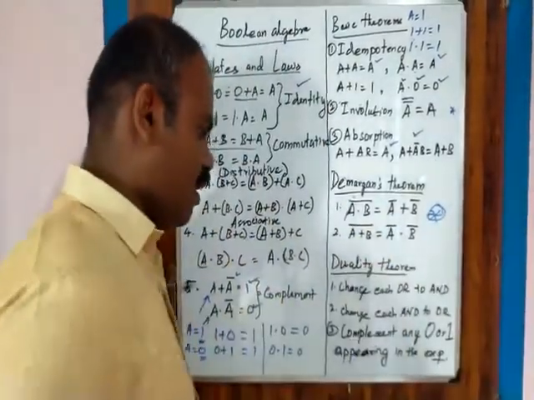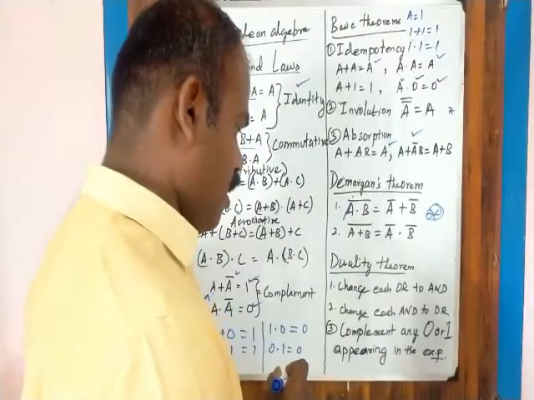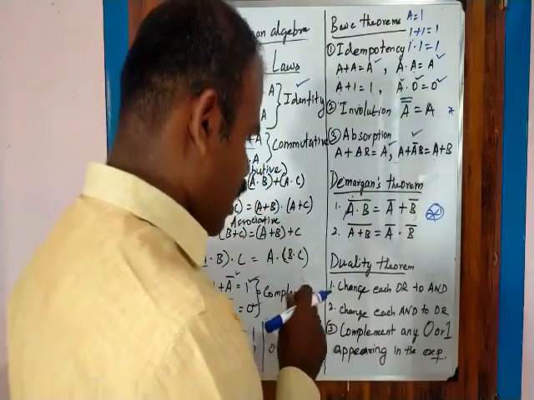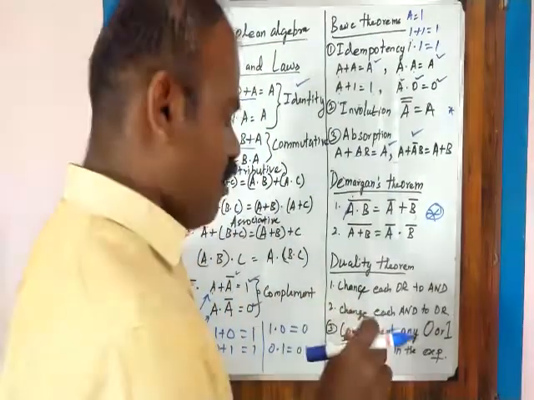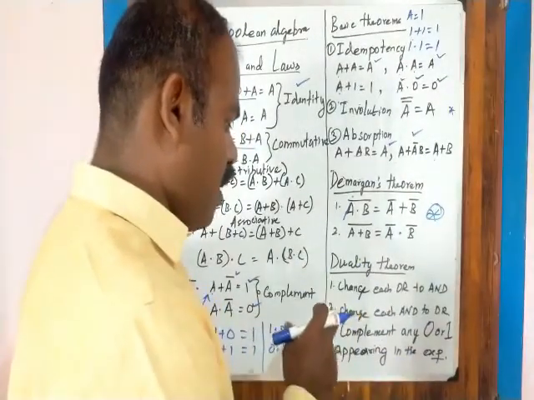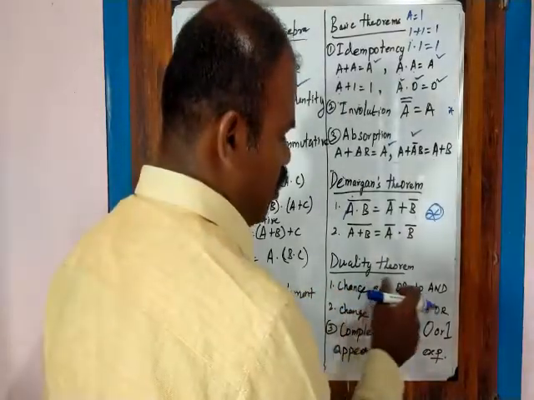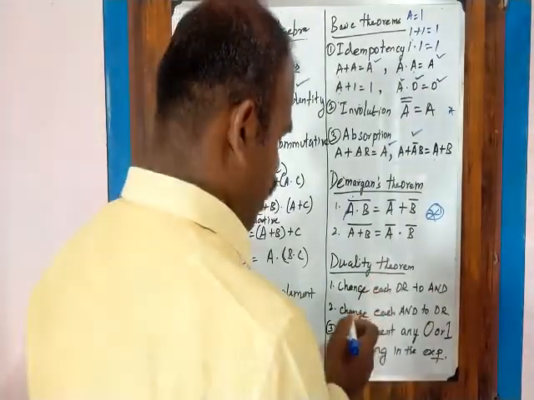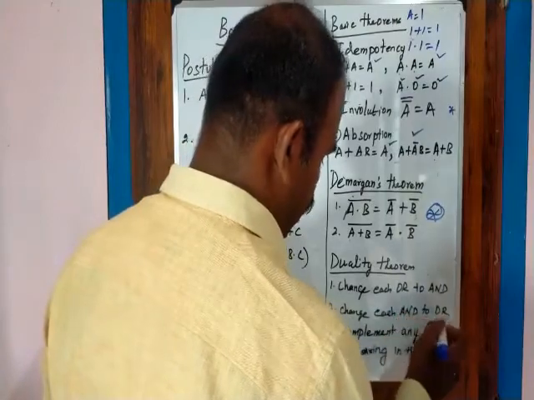Next is the duality theorem. This is also very important for 2 marks. The duality theorem states that if in an expression we have AND operations or OR operations, we have to change each OR operation to AND operation, and similarly change each AND operation to OR operation.